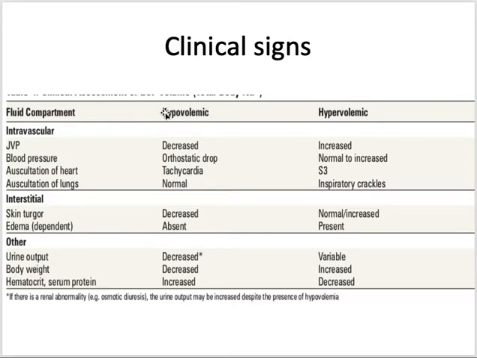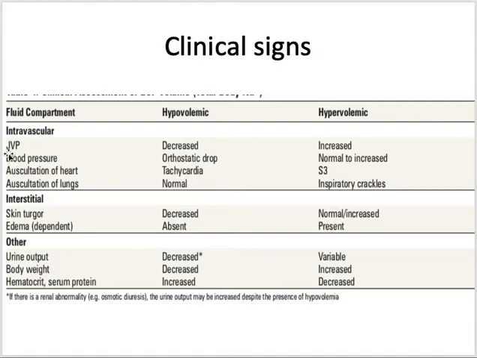Or hypervolemic, like someone who has retained or gained a lot of water, fluids. So how do we check? If you see hypovolemia, intravascular, of course, there will be less volume in the blood or in the plasma.